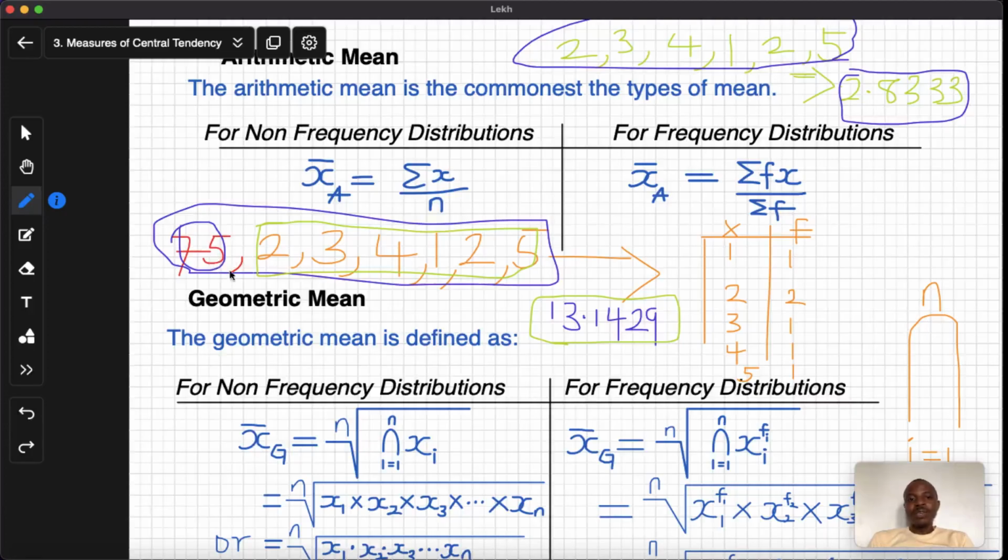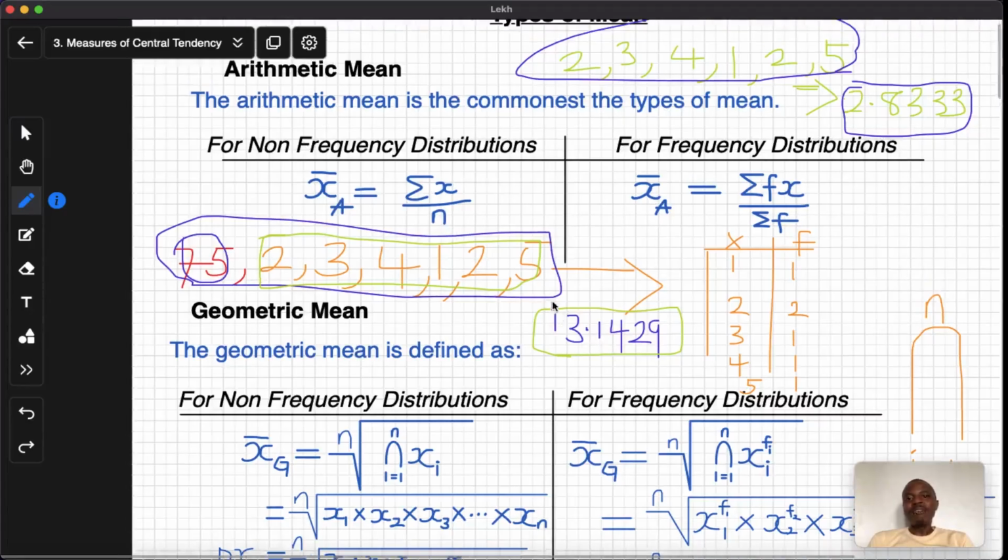And so somebody may compute the average salary for these seven people and say, oh, the average salary is 13 point something. And he may feel like that's great, but he will not understand that it is actually just one person's salary that has made the average salary fat. So the arithmetic mean is affected by this. It's not too good.